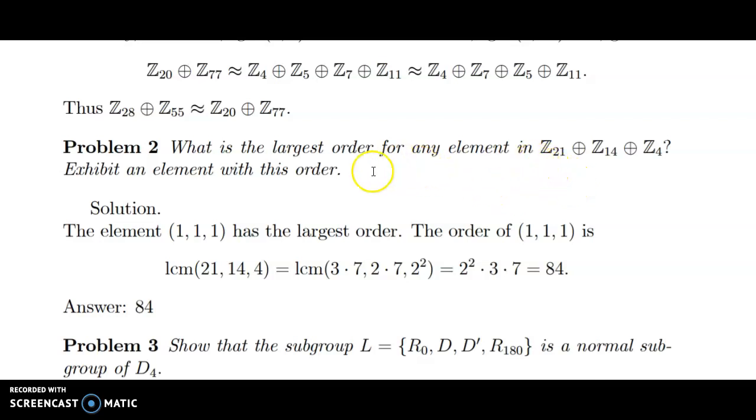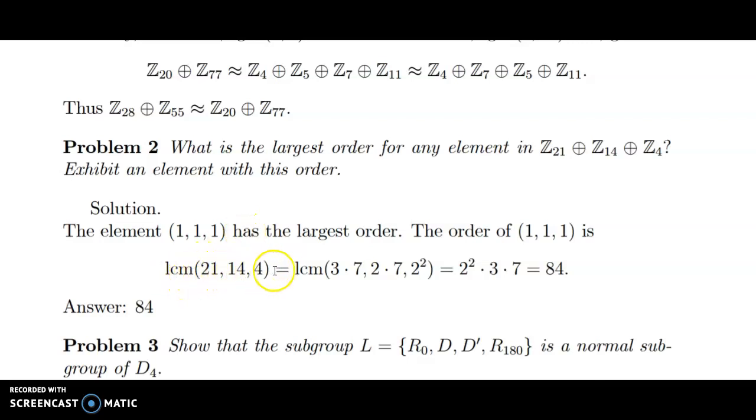So the largest order of an element of Z21 is 21, the order of the generator. This shows that the largest order of an element in this external direct product is the order of this triple, 1, 1, 1.